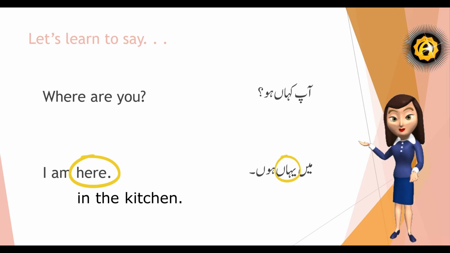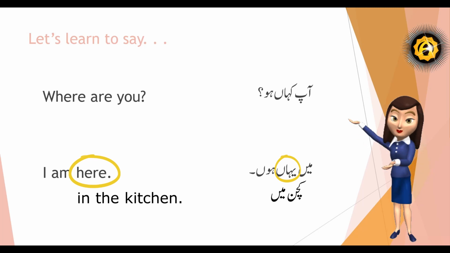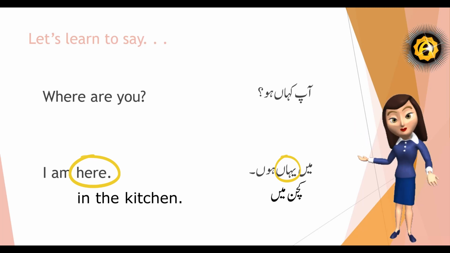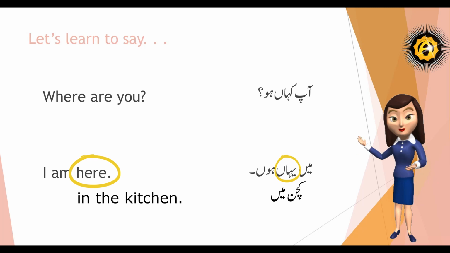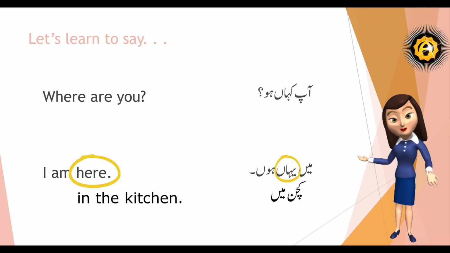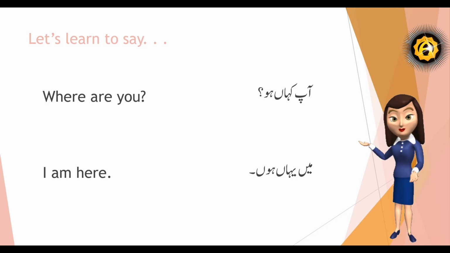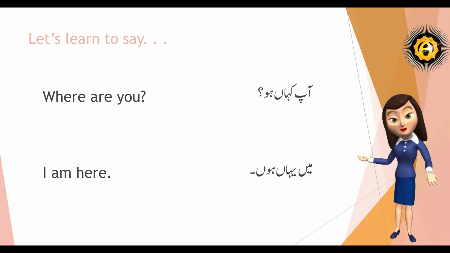So in place of yahan, you're going to say kitchen. Right? मैं kitchen में हूँ. I am in the kitchen. But when you are saying I'm here, then you are going to say मैं यहाँ हूँ.